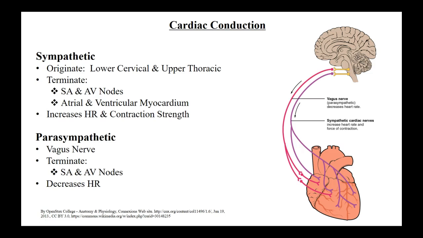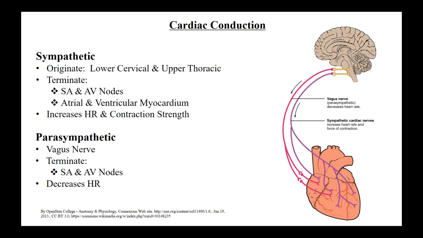Now, what about parasympathetic? Rather than fight or flight, what is that involved with? Rest and digest, so basically being less excited. If we're resting and digesting, we expect the heart rate to go down.